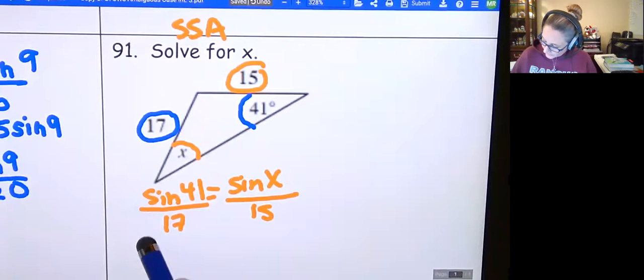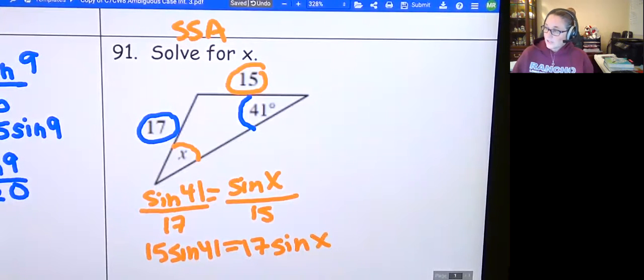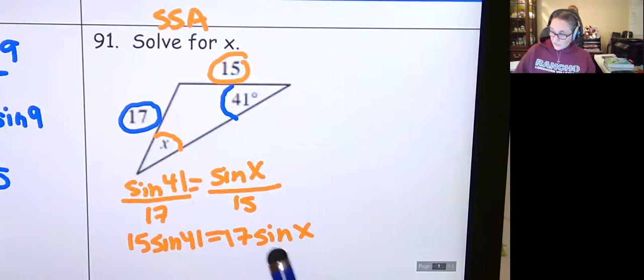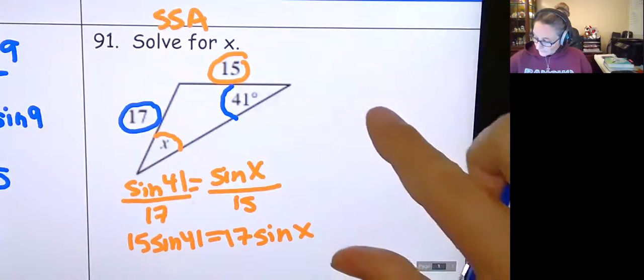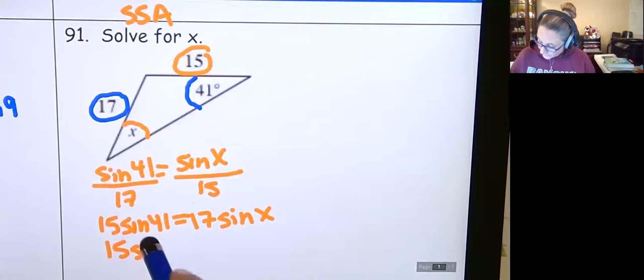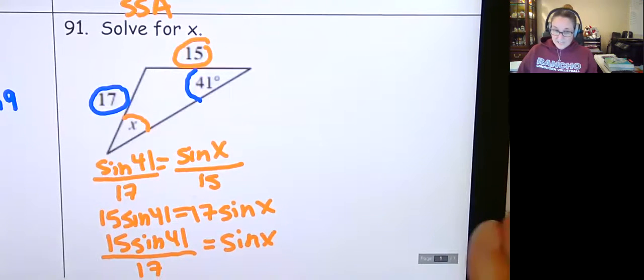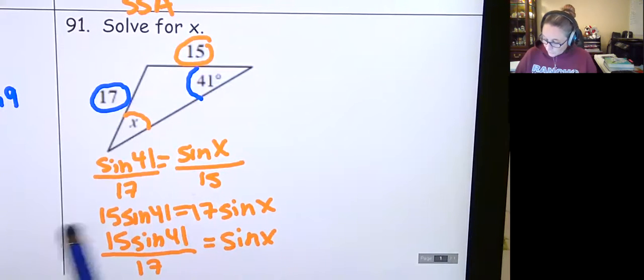And so when I do, I get 15 sine 41 is equal to 17 sine x. I'm going to divide both sides by 17, okay? And so I get 15 sine 41 over 17 equals sine x. And if I want x, which is an angle, I'm going to do sine inverse.